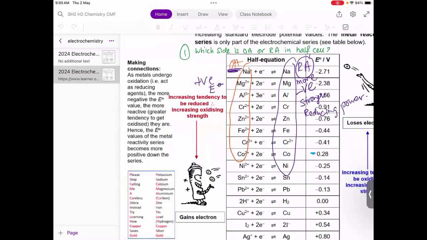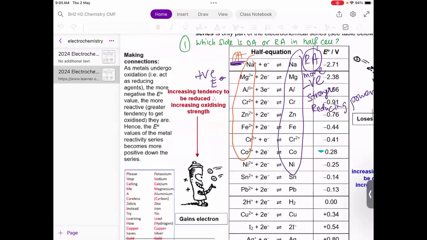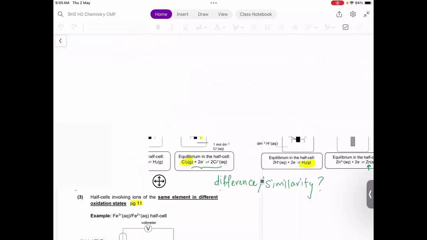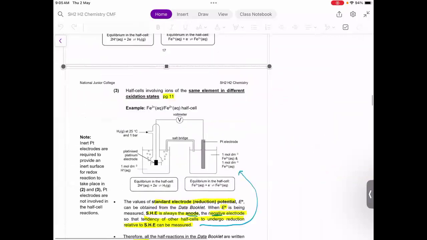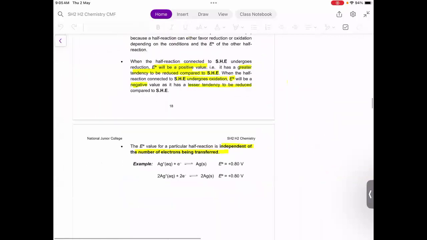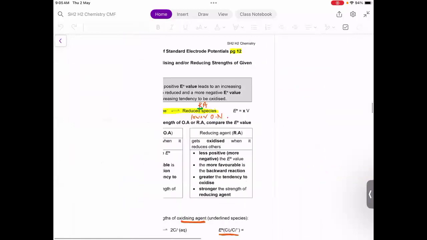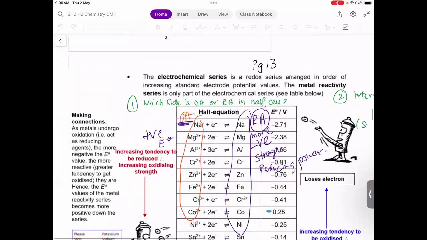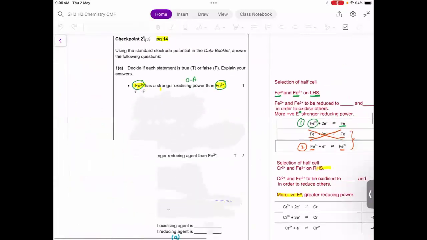Is there anything that you want me to clarify? Usually after I teach you, I will go back and do reflection. But it seems like students don't really do that. Okay. So let's look at this.